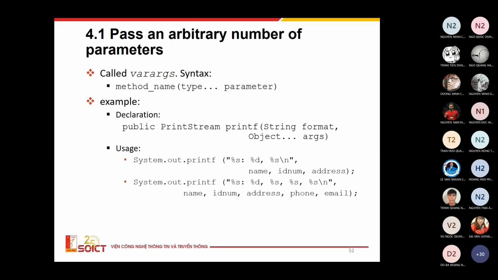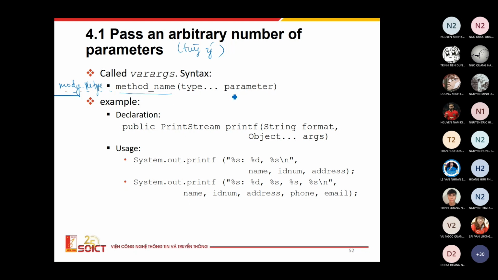So here I introduce to you a new syntax where you can pass an arbitrary number of parameters. That means you can pass as many parameters as you want. For example, normally you will have the method name, before that the modifier, and the return type.